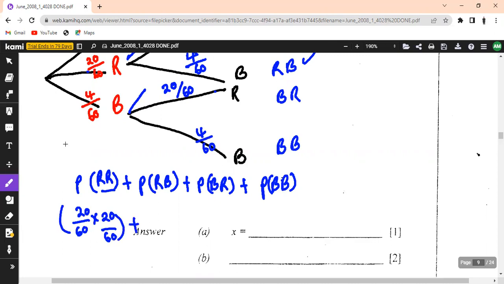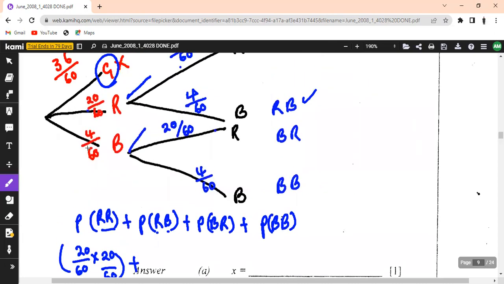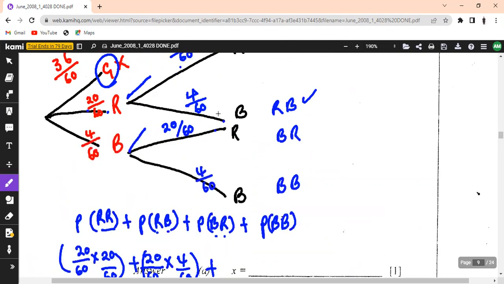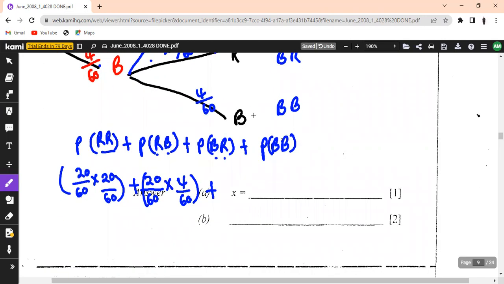Okay, plus we move on to red, blue. This is red followed by blue. So it's 20 over 60 times 4 over 60. Plus blue, red here, which is 4 over 60 times 20 over 60.